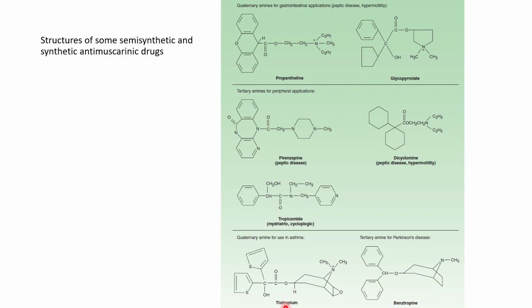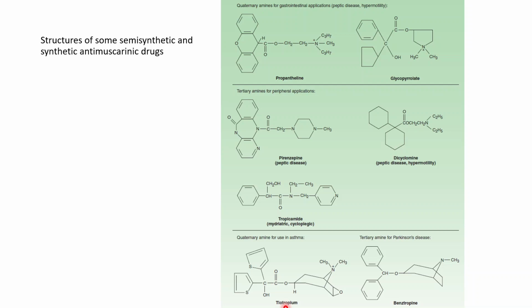And atropine and other tertiary amines are distributed completely, and they enter the central nervous system, and that is why the action on the central nervous system will limit the maximal therapeutic dose.